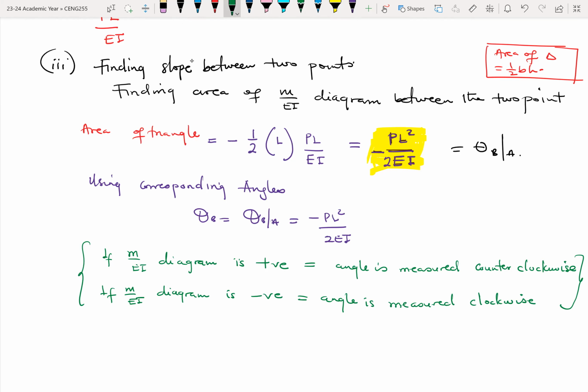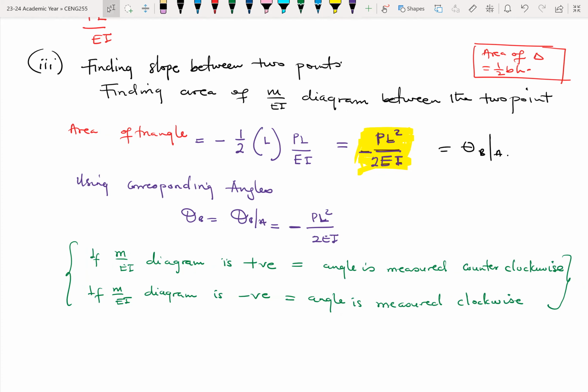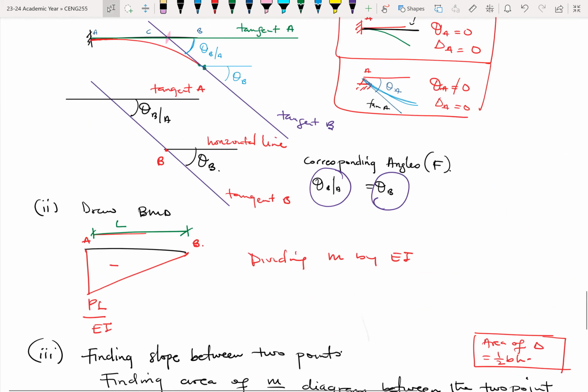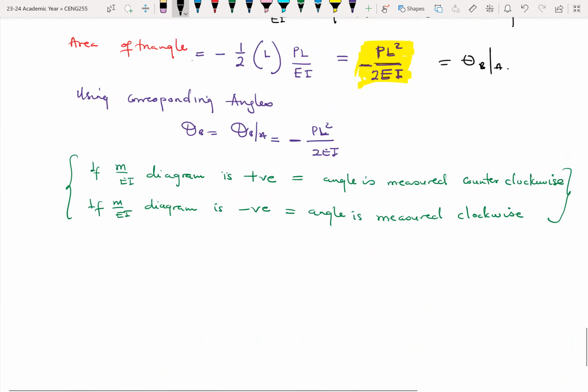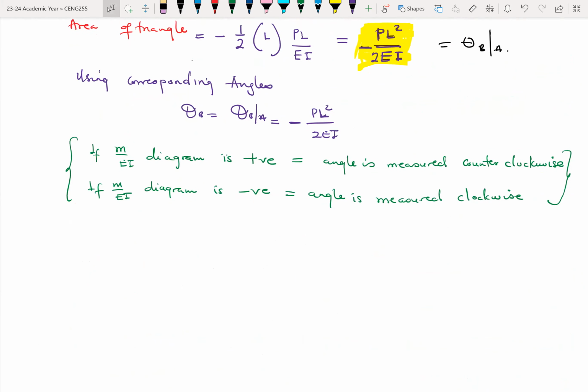So in our case, for example, where we have a negative in front, let me exaggerate the negative. Once we have a negative, it means that the angle is measured clockwise. So going back into the space, I can put in the arrow to indicate that these angles are measured clockwise from tangent A towards tangent B. So there are just the directions of the angles, and the angles are in radians, not degrees.